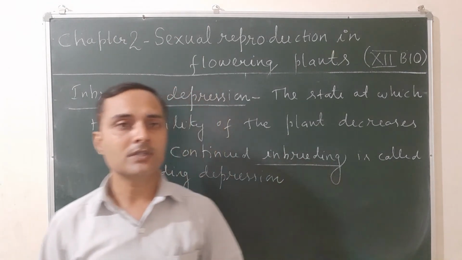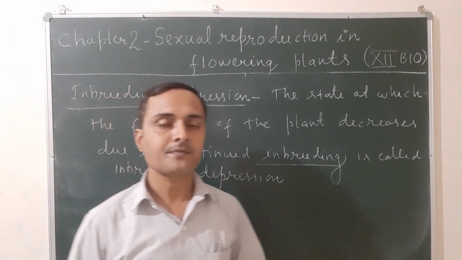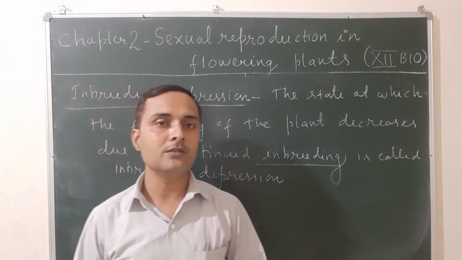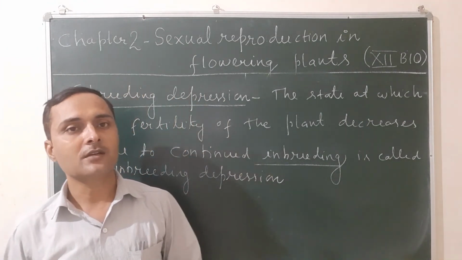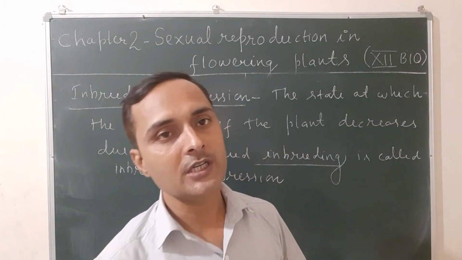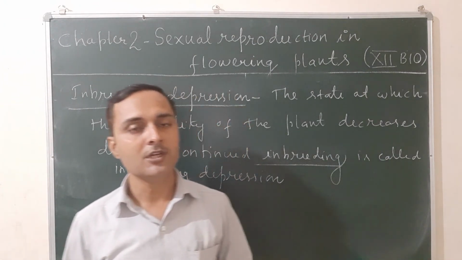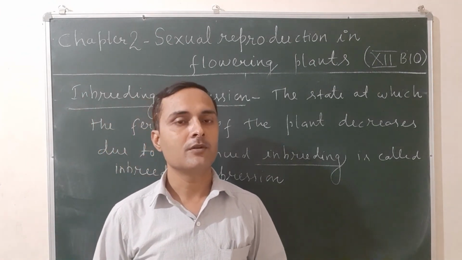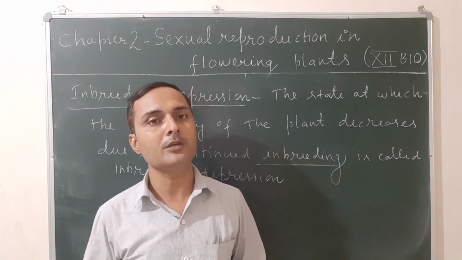So once again, what is inbreeding depression? The state at which the fertility of the plant decreases due to continued inbreeding is called inbreeding depression. And what do we mean by the term outbreeding devices? The various mechanisms which prevent self-pollination to reduce inbreeding depression. When there is cross pollination, there will be no inbreeding depression.